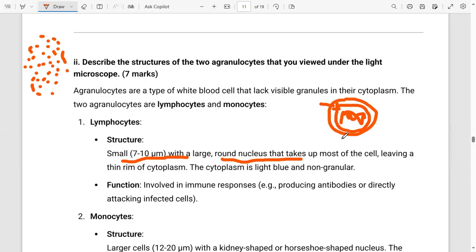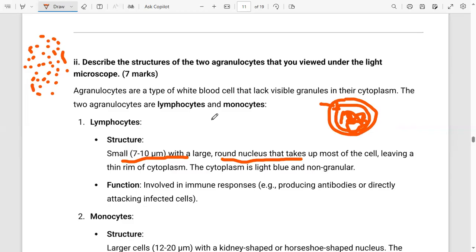So it has a round nucleus that takes up most of the cell, leaving a thin rim of cytoplasm. If you talk about the color, this cytoplasm is usually light blue and has no granules.